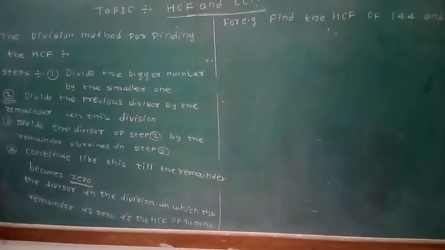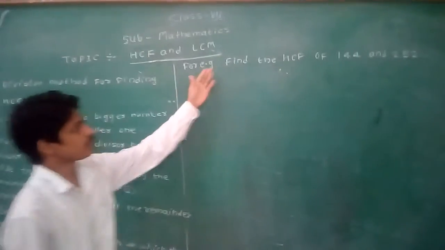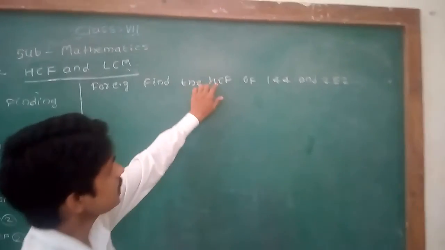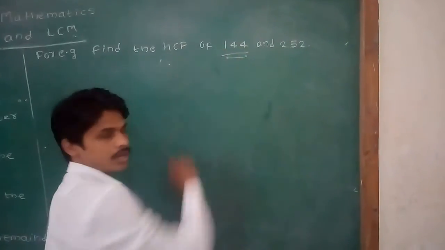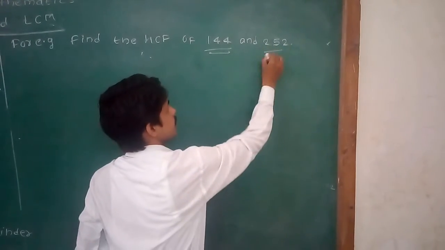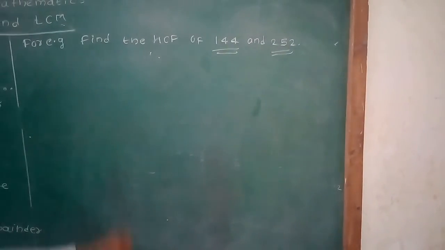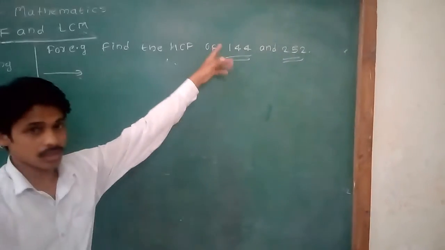For example, by using an example you can easily find it out using these steps. Find the HCF or GCD of the numbers 144 and 252 using the division method.